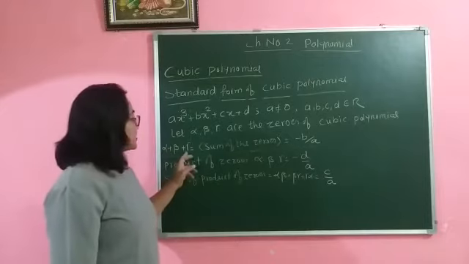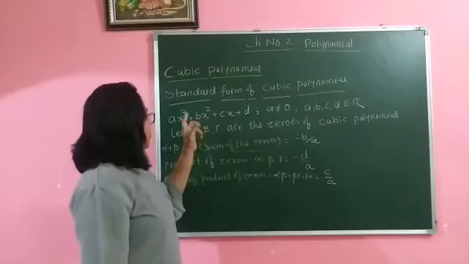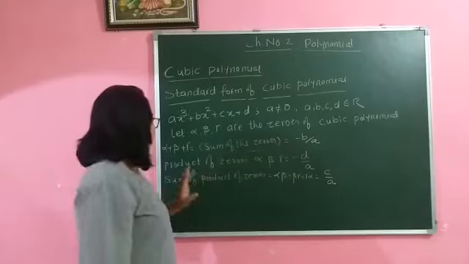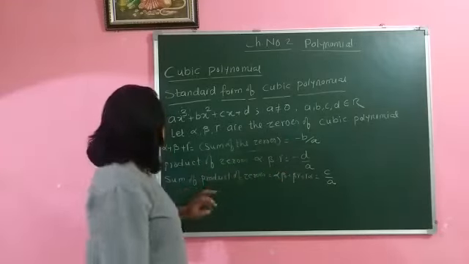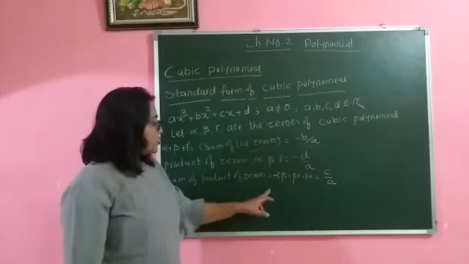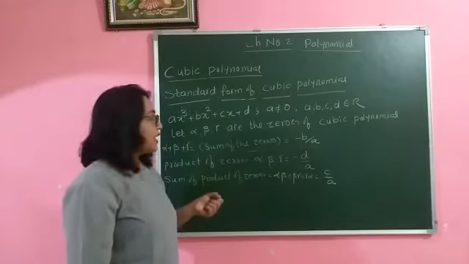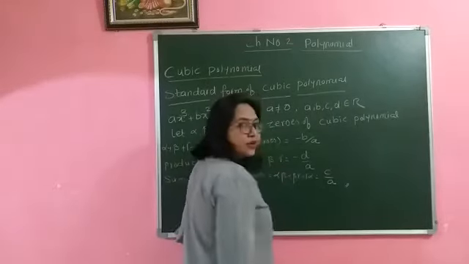Alpha plus beta plus gamma is equal to minus b by a, meaning the negative of the coefficient of x square divided by the coefficient of x cube. Product of zeros, alpha into beta into gamma, is minus d by a. And the sum of the product of the zeros, that is alpha beta plus beta gamma plus gamma alpha, is equal to c by a. So you have to write this in your notebook.